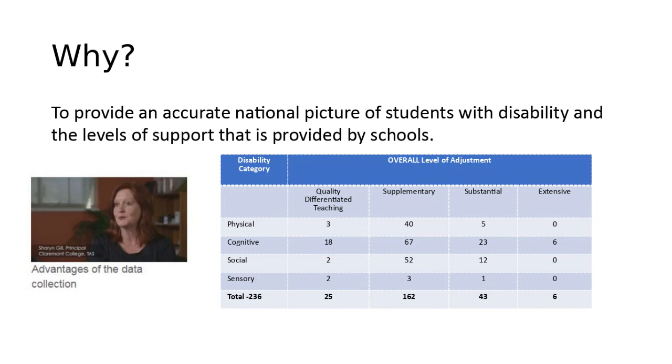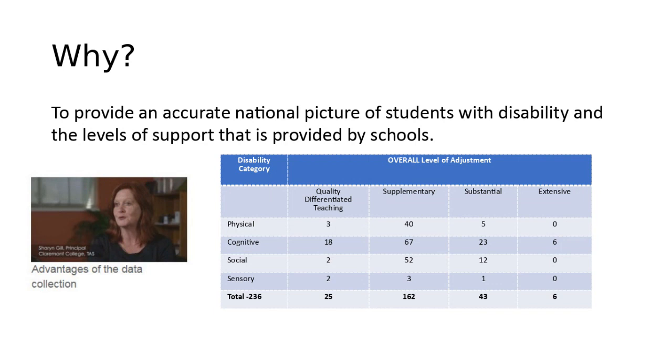The categories on the left-hand side here in the slide fit with the categories of impairment in the DDA and the DSE. And then you have to say how many students in that category get quality differentiated support, how many get supplementary, how many get substantial, or how many get extensive support. That information is then sent to the government from each school.